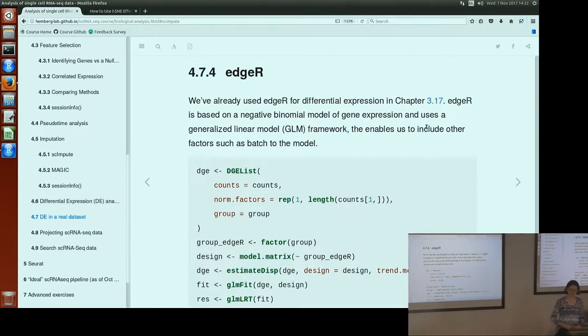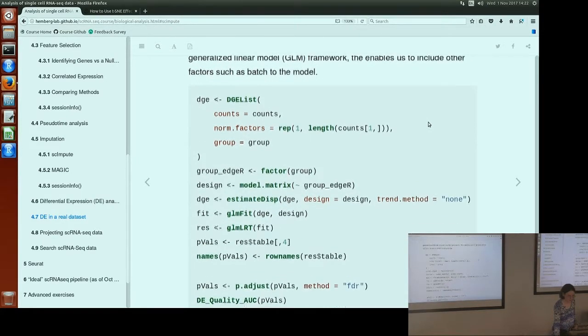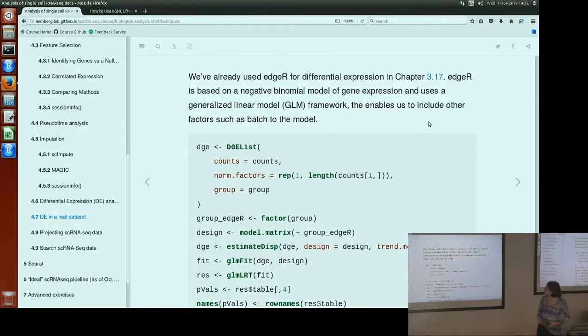It doesn't make any account for the extra dropouts. However, it uses a generalized linear model framework, so we can include other factors beyond our biological conditions. So if you had different batches or different replicates, you can include those in the model, and they would be automatically accounted for. Then you wouldn't have to do batch correction prior to running the method.